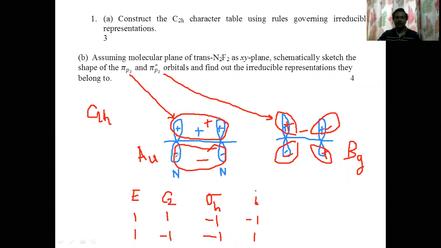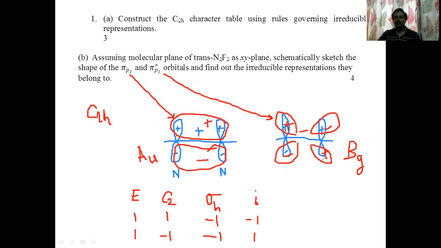That is going to be Au. Z is ungerade, and this orbital goes along Z. So if you think about the PZ orbital and look at the character table, you will go along Au.